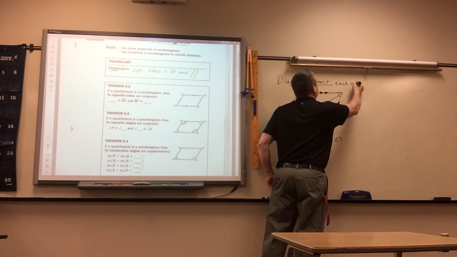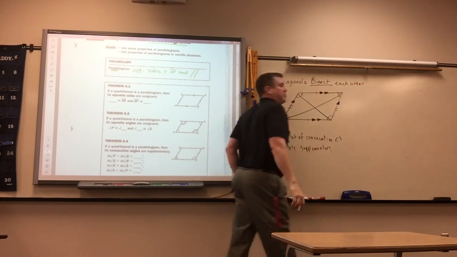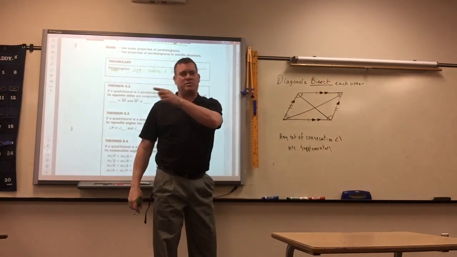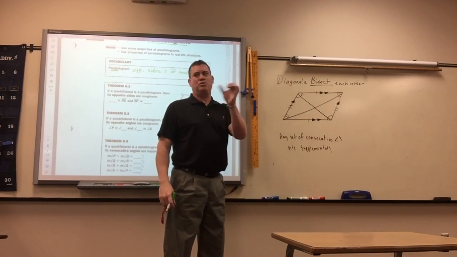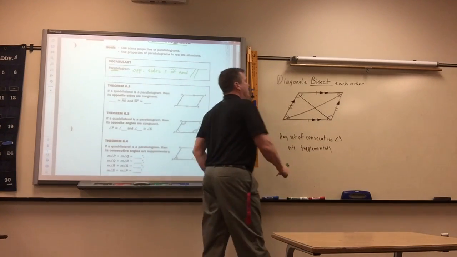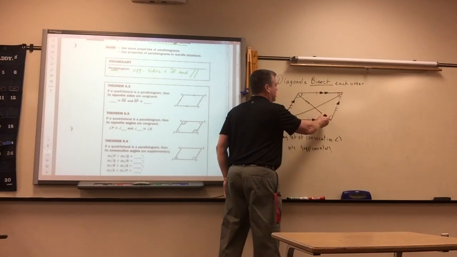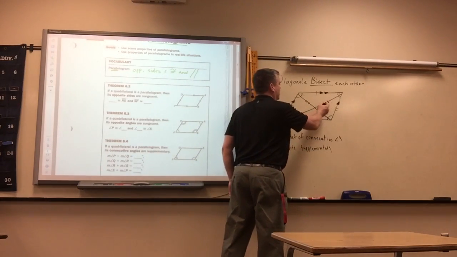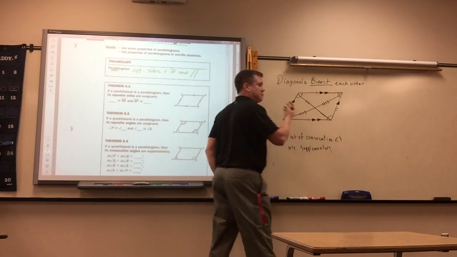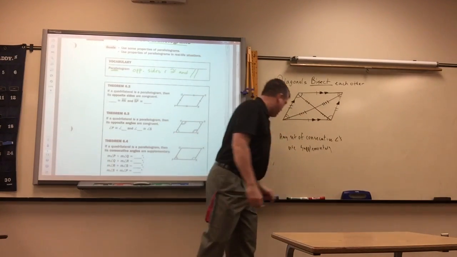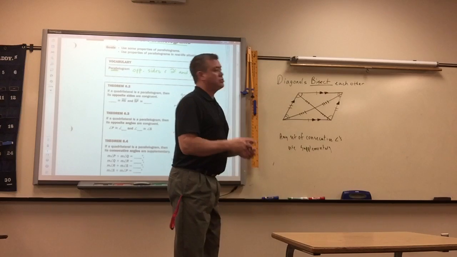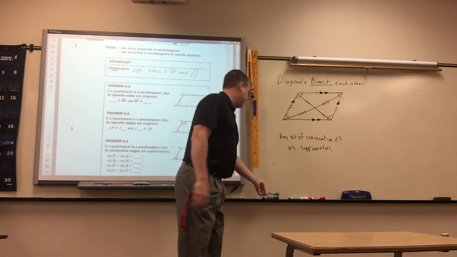It goes through, but it's the middle, which means it cuts it into two equal pieces. So that means this length right here is going to equal this length there, and this length will equal this length. So these are all the things true of a parallelogram.